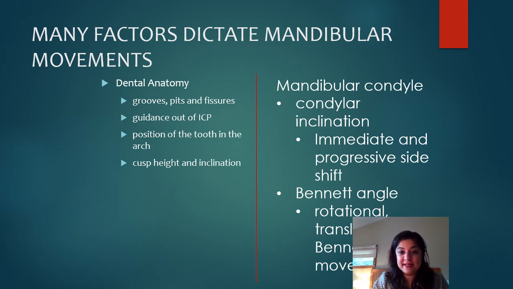This means you need to look at the condylar inclination in the immediate side shift and the progressive side shift. That means when they're shifting, what is the inclination of the condyle? I'm going to talk to you about what the Bennett angle is in the next lecture. But what you need to know is: how is the condyle rotating? How is the condyle translating? What are the movements of the condyle? If these movements are recorded properly, then you know that you have done a filling or a crown to the best of your ability.